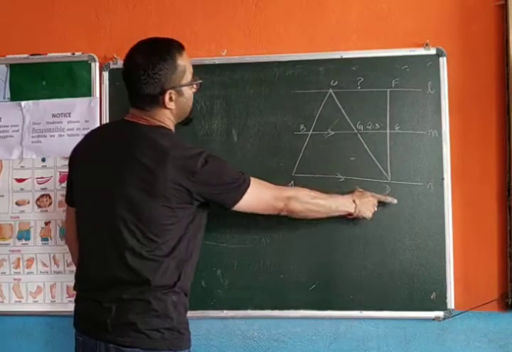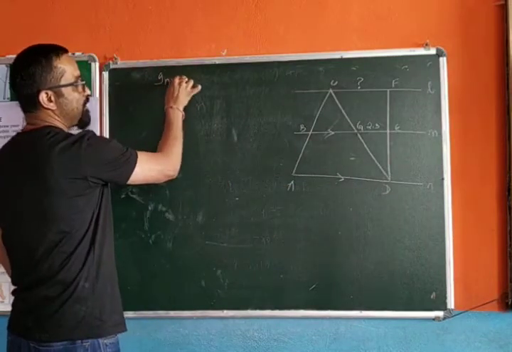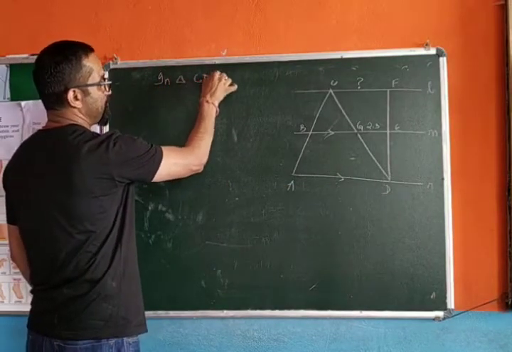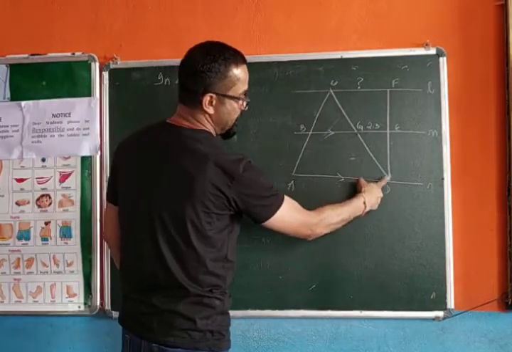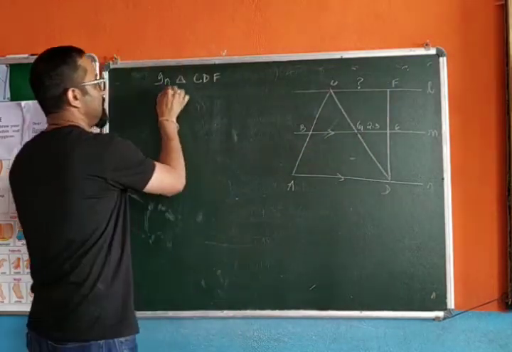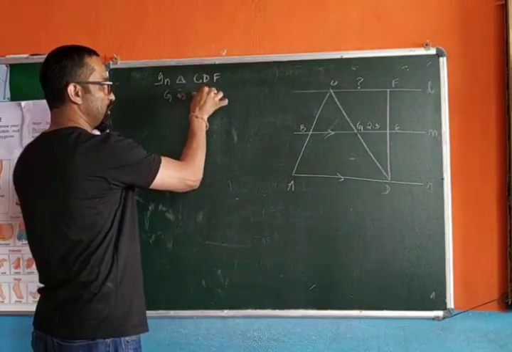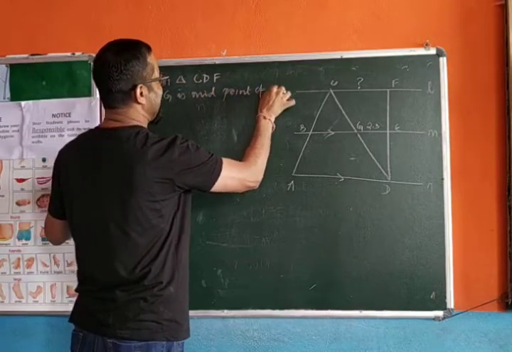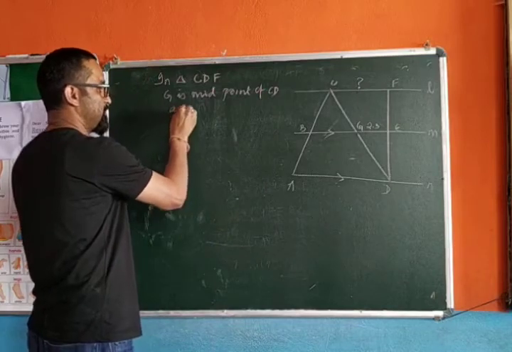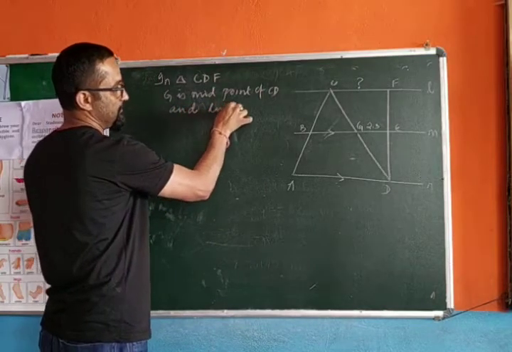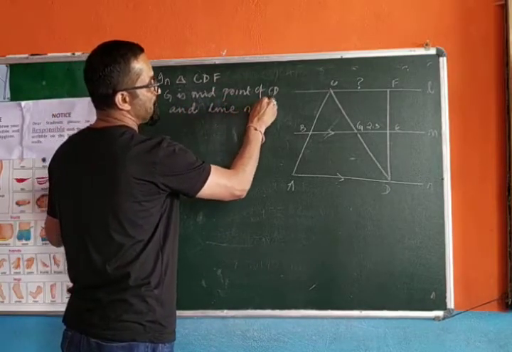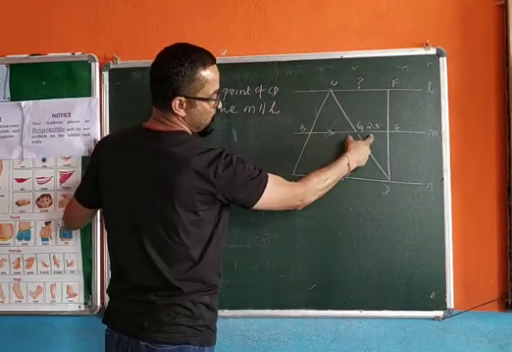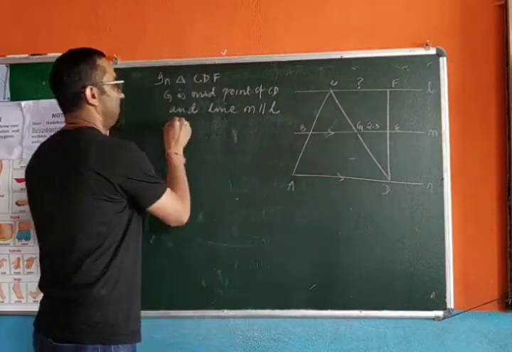Now take triangle CDF. G is midpoint of CD and line N is parallel to L. These two lines are parallel.